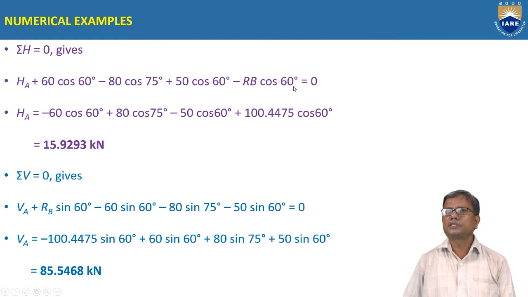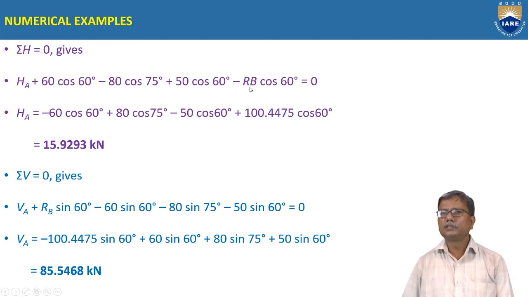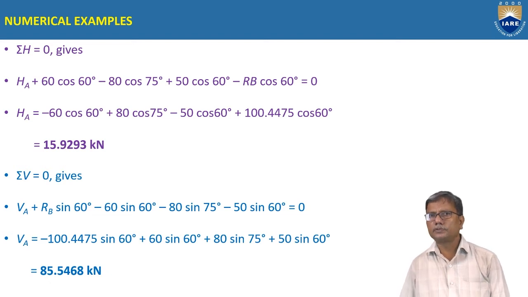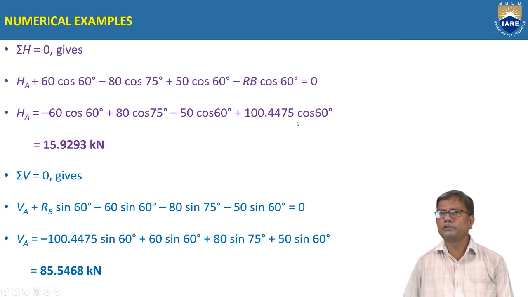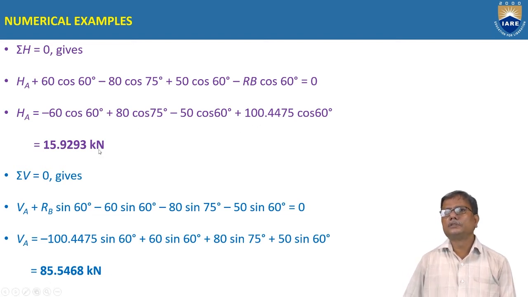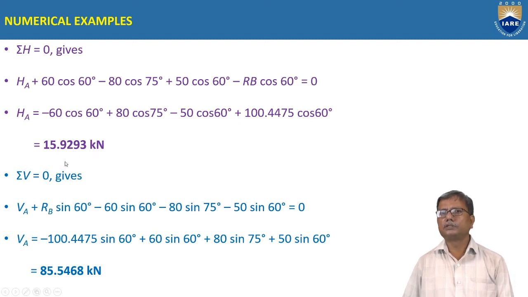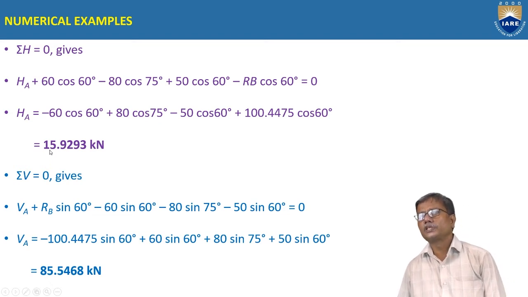So RB cos 60 is leftwards, so it is taken with negative sign. So HA is obtained from this, substituting the value of RB calculated in the previous step as 100.4475. So you will get the reaction HA, the horizontal component of the reaction at A.